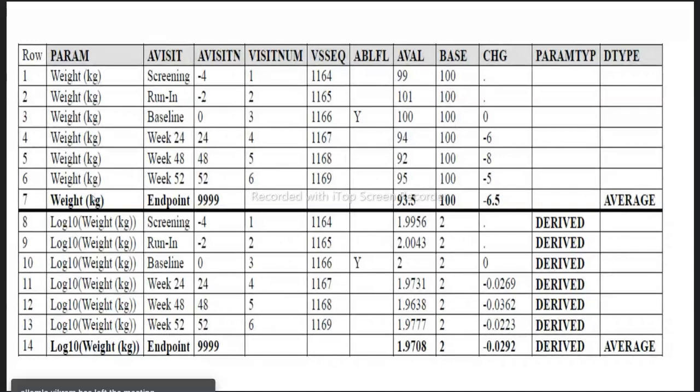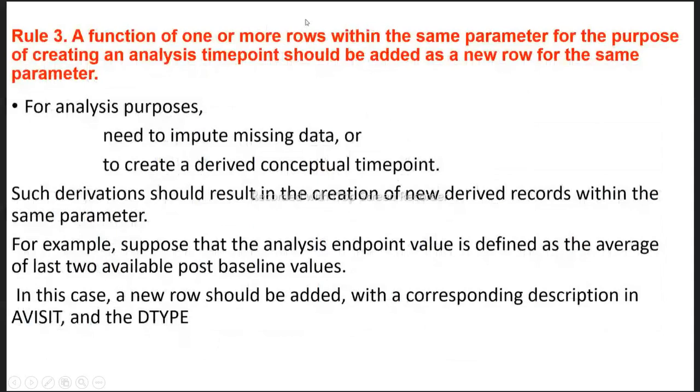So, what is the rule it is suggesting now? Can you say these 3 observations belong to which parameter? The same parameter, right? Weight in kilograms. Now, within a parameter, if you're creating an analysis time point by taking the average of the records within the same parameter, now a function of one or more rows within the same parameter, week 24, week 48, week 52, all these rows come within the same parameter.